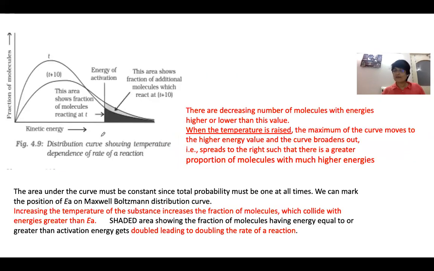Next, can we change this most probable kinetic energy for the molecules? Yes, by increasing temperature. When temperature is raised, the most probable kinetic energy shifts. This was here; with the increase in temperature, it's going to be here. And the number of molecules having more kinetic energy is also going to increase, meaning more molecules will have a higher amount of energy, which normally remains rare.